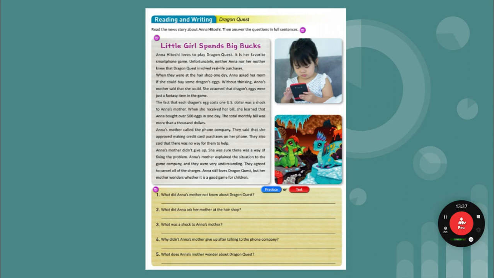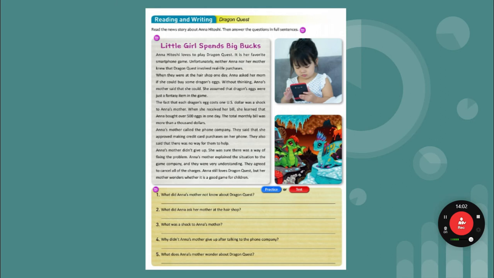Little girl spends big bucks. Anna Hitoshi loves to play Dragon Quest. That is her favorite smartphone game. Unfortunately, neither Anna nor her mother knew that Dragon Quest involved real-life purchases. While they were at the hair shop, one day, Anna asked her mom if she could buy some dragon's eggs. Without thinking, Anna's mother said she could.